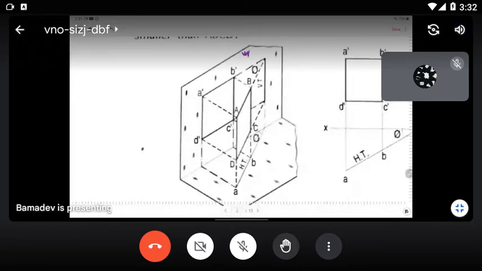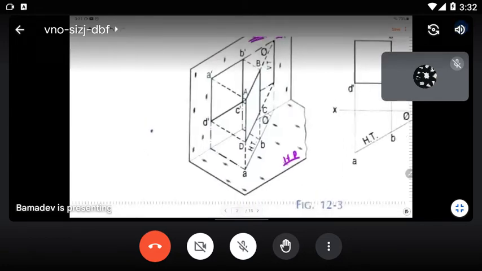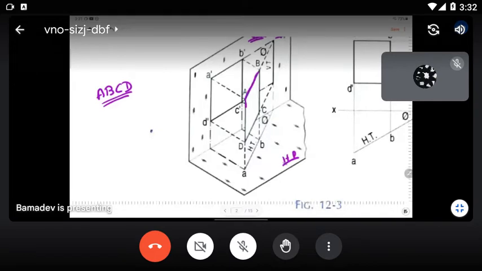This is your vertical plane, the reference plane. This is the horizontal plane. Now observe the plane ABCD.